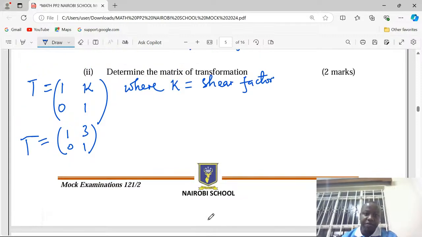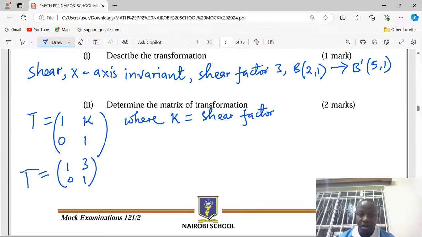Alternatively, if you don't recall the general transformation matrix that governs a shear with x-axis invariant, we can do it the long method. Not even the long method, it's also brief.